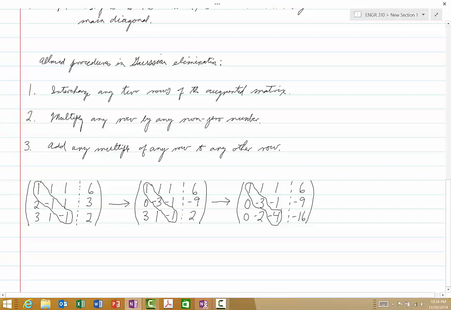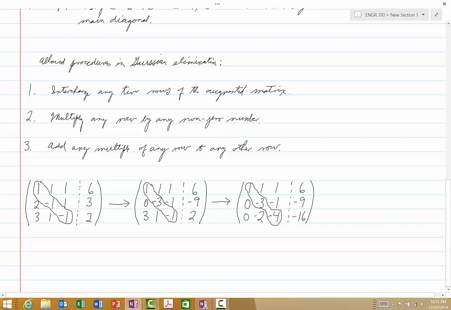Now, you might be thinking that you'll now take 2 times the first row and add it to the last row, because 2 times this 1 would give us a positive 2, and then when we add it down here, we would get 0. But we don't want to do that, because if we took 2 times the first row and added it to the third row, then 2 times 1 would give 2 plus 0, and we would introduce a 2 here.